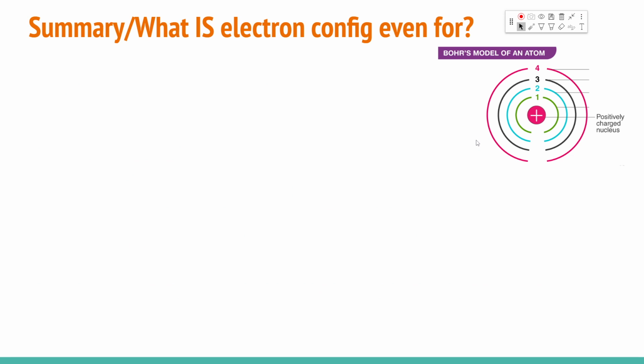Cool. Okay, so let's summarize what we learned, like what is even electron configuration. And so again, the Bohr model is our nucleus that has our protons and neutrons, and then we have our energy levels here, 1, 2, 3, 4, and it can continue as usual. And so in the Bohr model, it's 1D. It's not even 2D, it's 1D, it's flat.